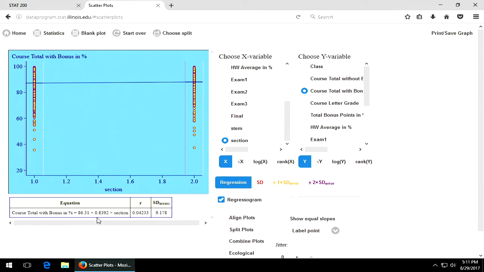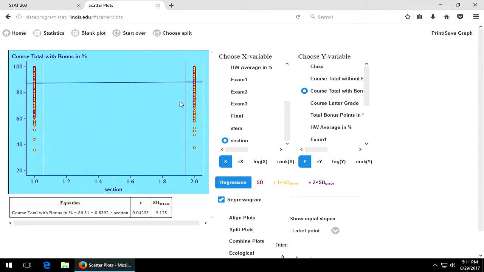What is this saying? The section was coded as 1 for in-person, 2 for online. So it says that as you go from one section to the other, the difference is 0.8392. We saw it was 0.84; we rounded it to 0.84. So that's the difference between the two sections.